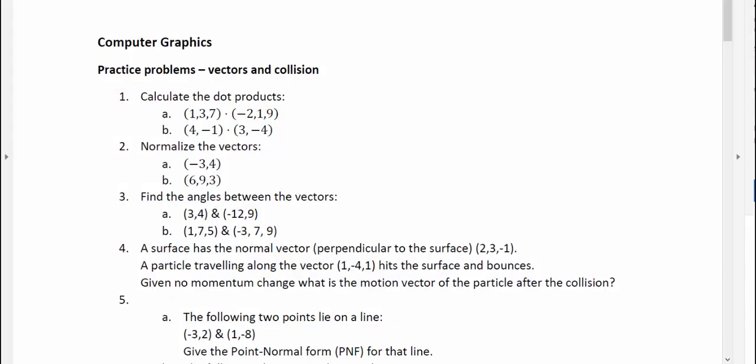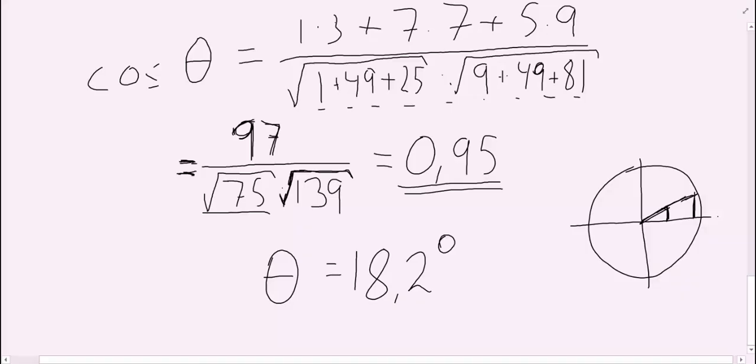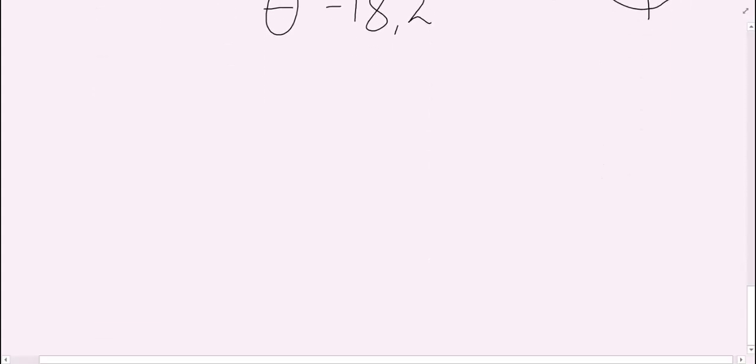Number 4. Okay, here we should probably do a little drawing. So number 4.